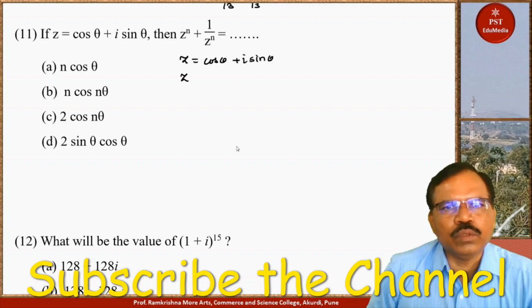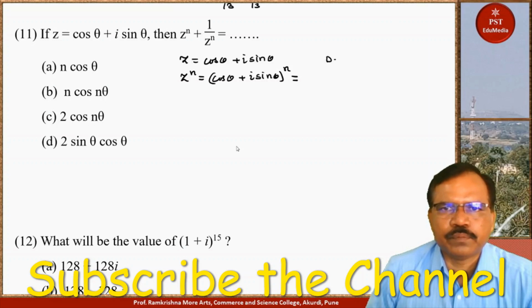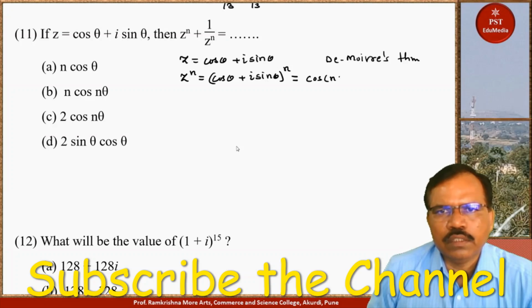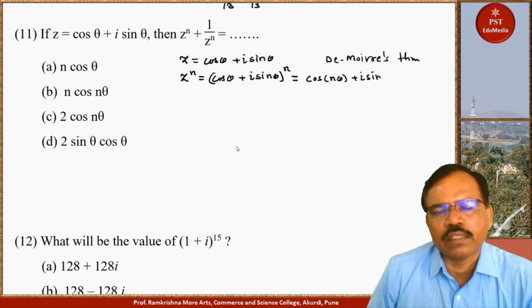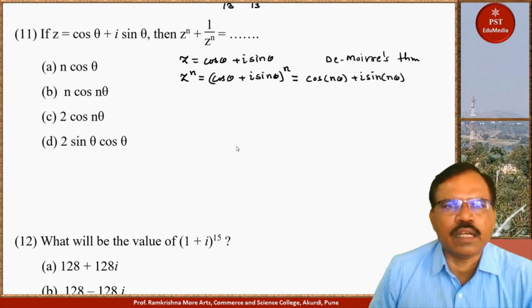So z raised to n is equal to cos theta plus i sin theta raised to n. And if we use de Moivre's theorem, we can write this as cos n theta plus i sin n theta.